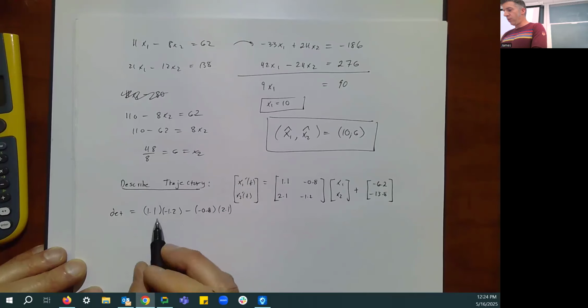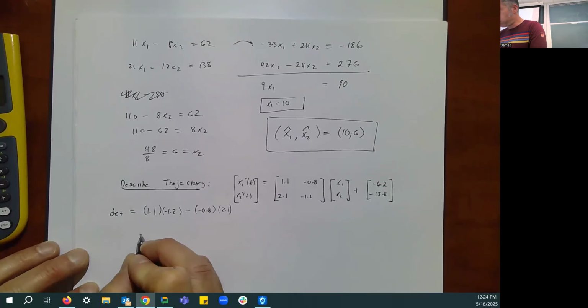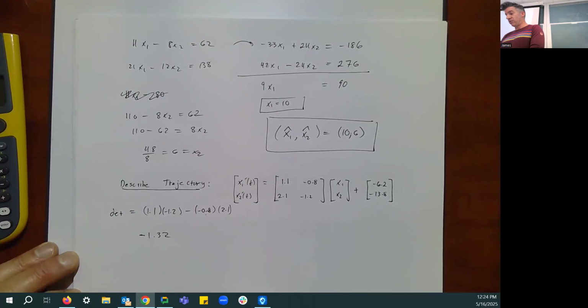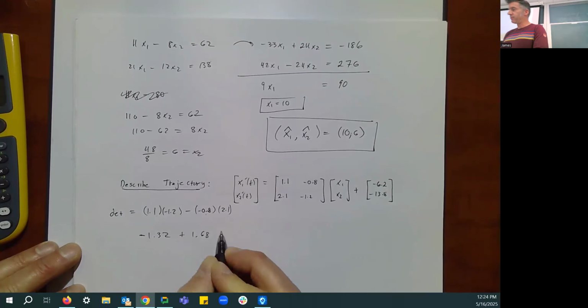So 1.1 times negative 1.2 is like 11 times negative 12, negative 132, except it's really negative 1.32. Similarly, 0.8 times 2.1 is going to be negative 1.68, so it's going to be plus 1.68.